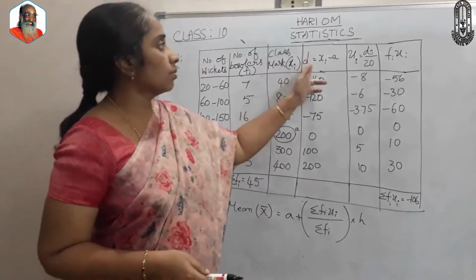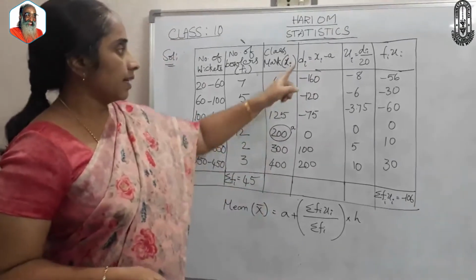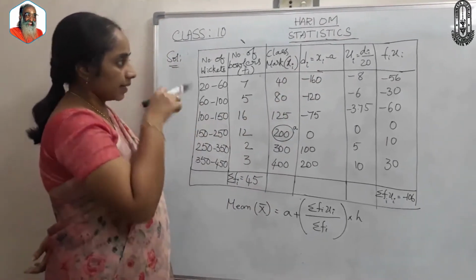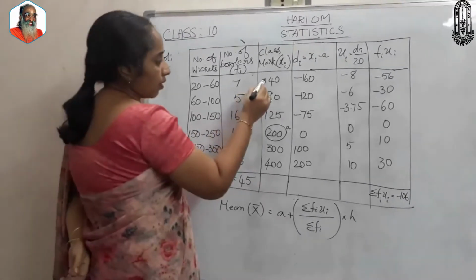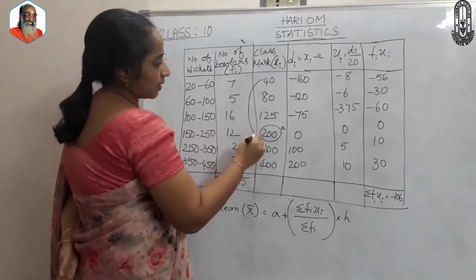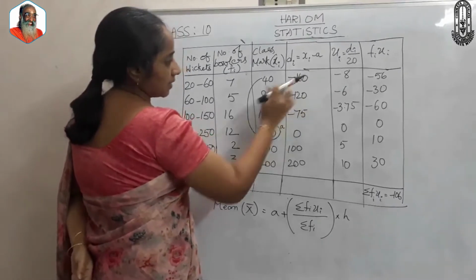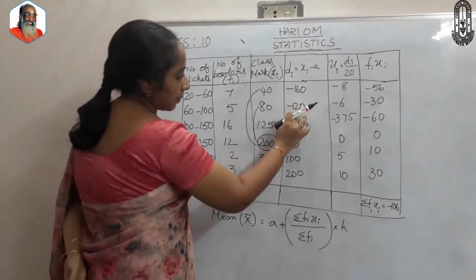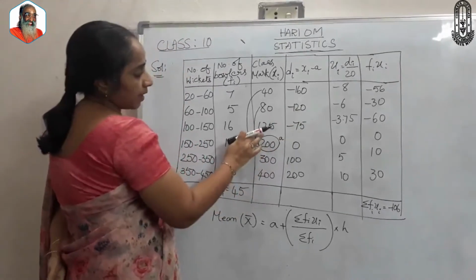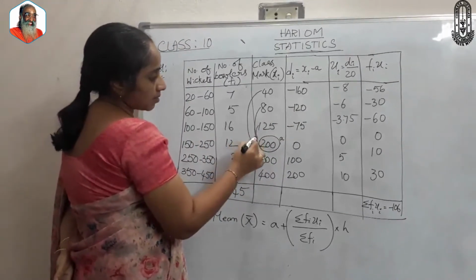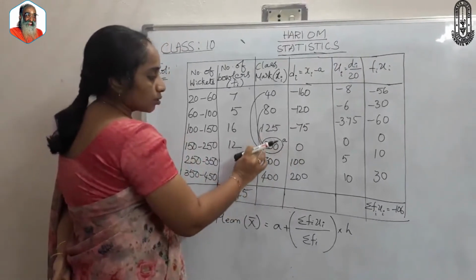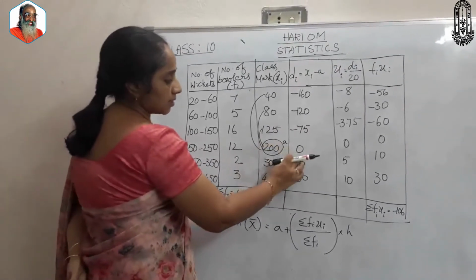Now coming to di, di is xi minus a. 40 minus 200, it is minus 160. 80 minus 200, minus 120. 125 minus 200, minus 75. 200 minus 200, 0.